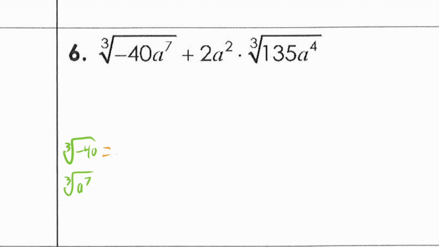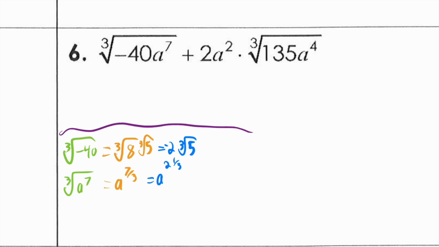Cube root of negative 40, that would be the cube root of negative 8 and the cube root of 5, which is negative 2 times the cube root of 5. And the a would be a to the power of 7 over 3, which is a to the power of 2 and 1/3. So that'll end up being negative 2a squared times the cube root of 5a to the first.